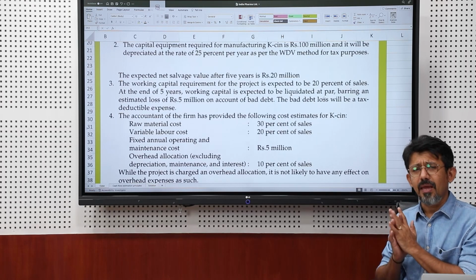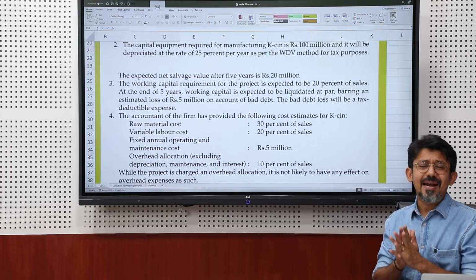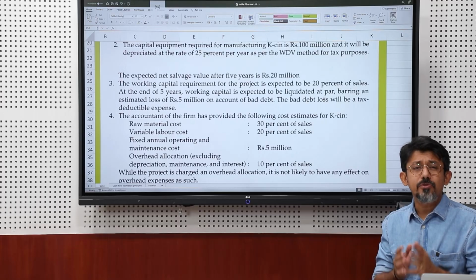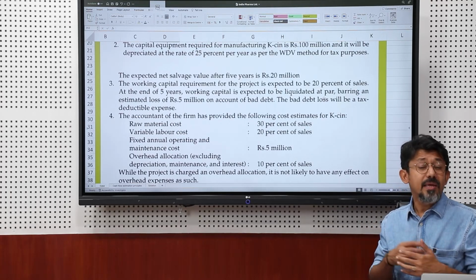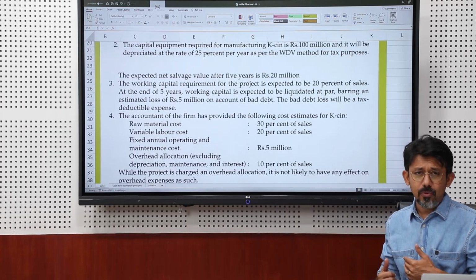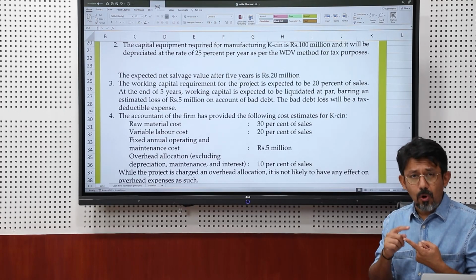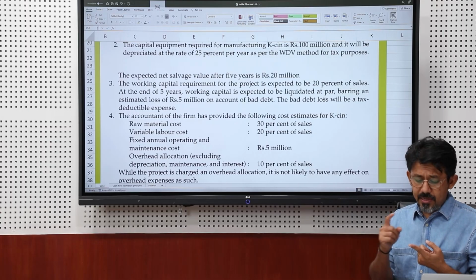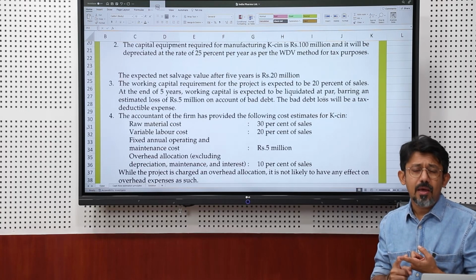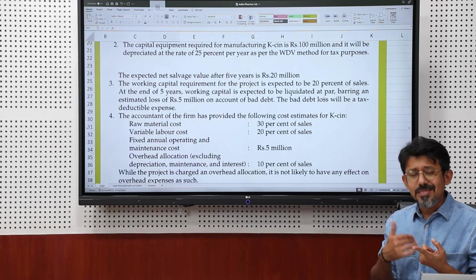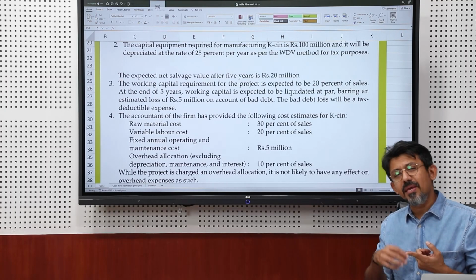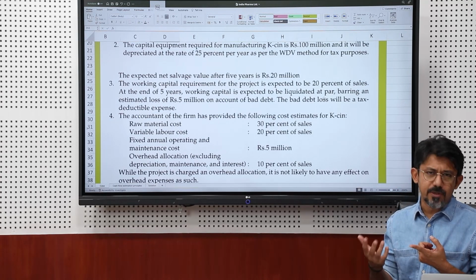Explained this earlier, that the standard assumption is that the money that you invested in working capital in the beginning of the project comes back to you at the end of the project, because the assumption is that all inventory is sold, all receivables, the money from your debtors and your customers, is received, and you will end up making the payment to the creditors or suppliers.